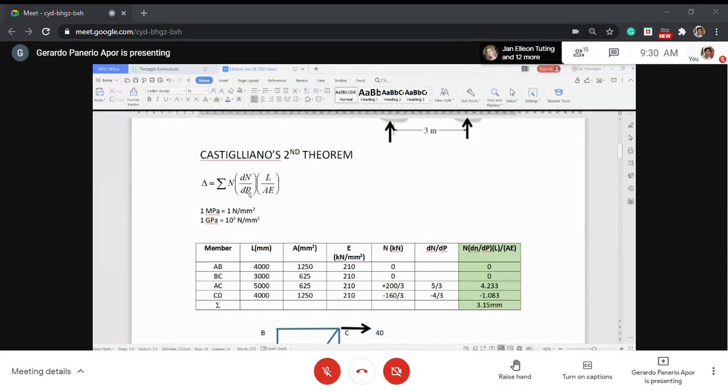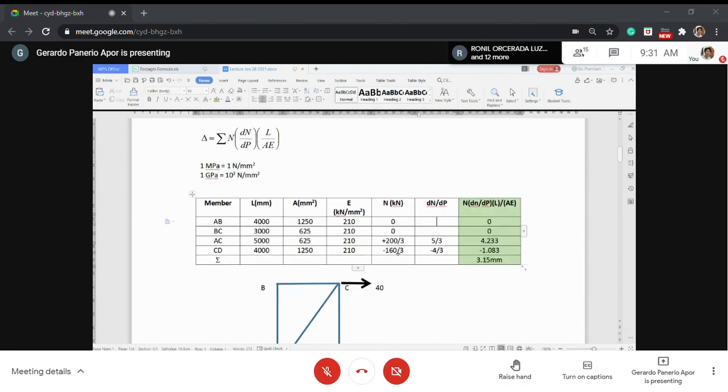That means this is for all the members. Okay, so we take the derivative of the 0, still 0. But even though if there is a value here, since you are going to multiply it, then the product will be 0. So it will be a waste of time to deal with these two elements here. So you are left with AC and AD.